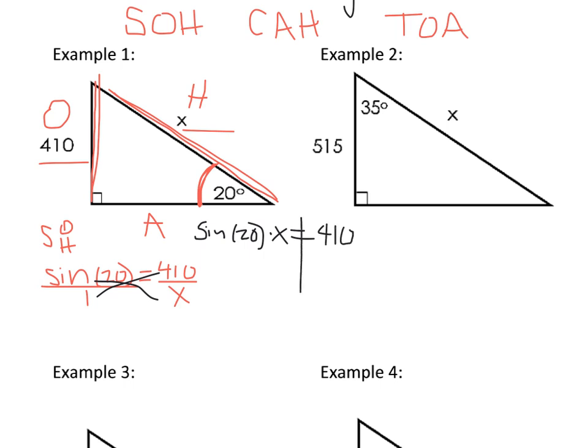And then we just balance and solve. Sine of 20 is just a number, so I can divide both sides by the sine of 20. And x equals, we do 410 divided by sine of 20 in your calculator.